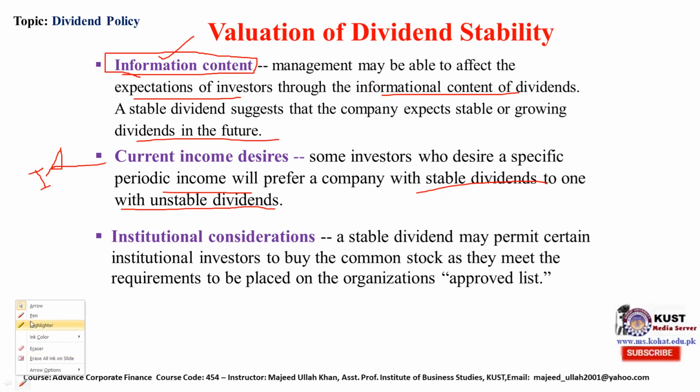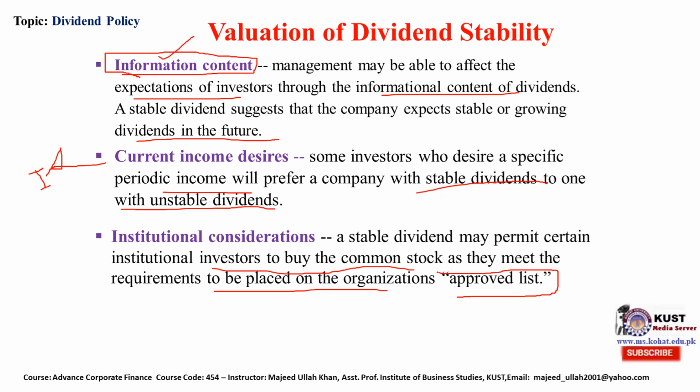Institutional consideration should also be kept in mind when dividend policies are made. Stable dividend may permit certain institutional investors to buy a common stock, as they meet the requirement to be placed on the organization's approved list.